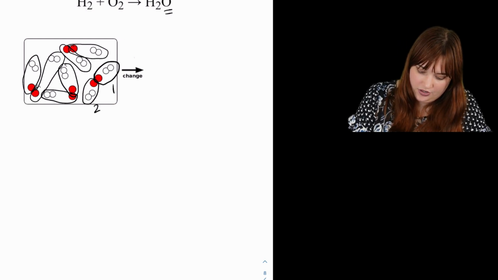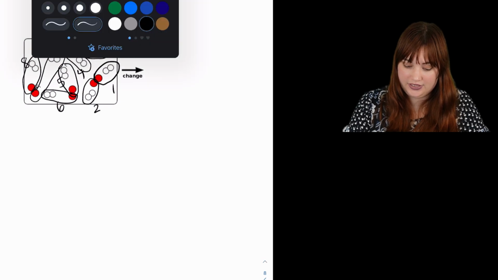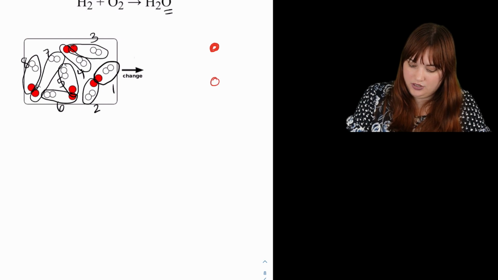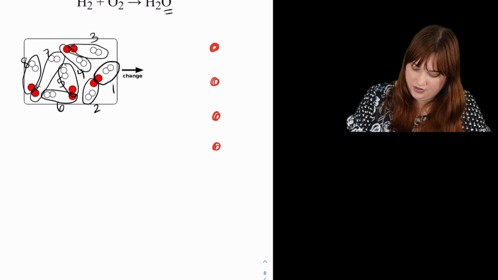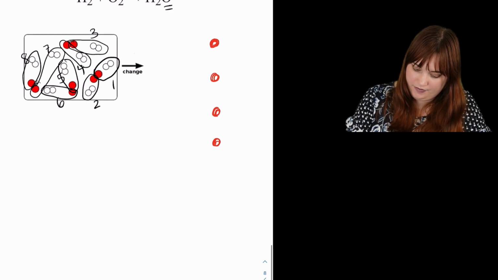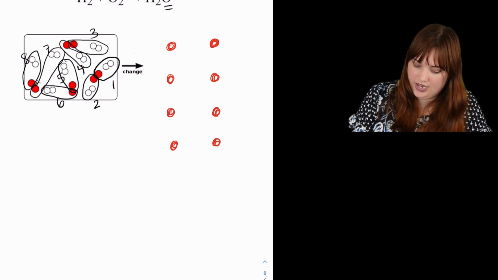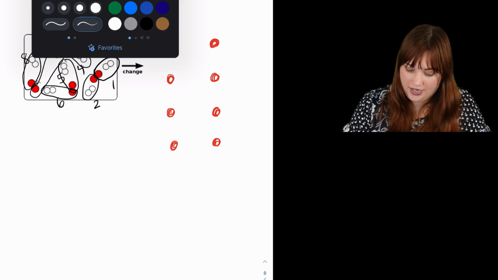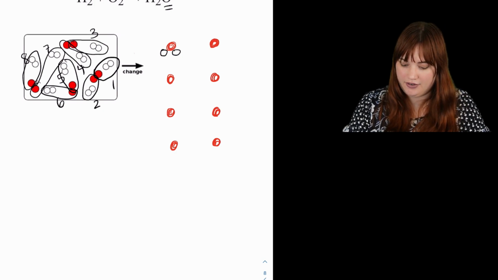So I have 1, 2, 3, 4, 5, 6, 7, and 8. Whew, that's a lot of water molecules. Let's draw them. I'm going to start with just the oxygens. 1, 2, 3, 4, 5, 6, 7, and 8. 8 red circles to represent the oxygens, and I'll do just white ones outlined in black for hydrogens.